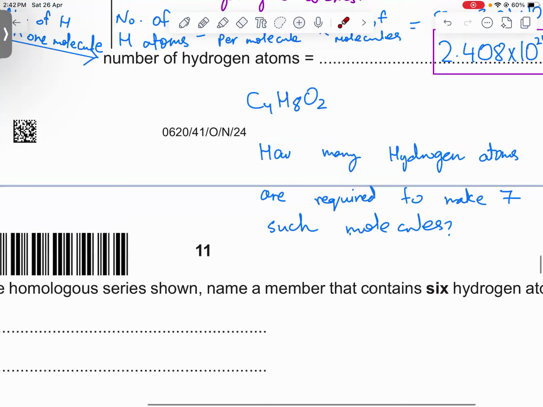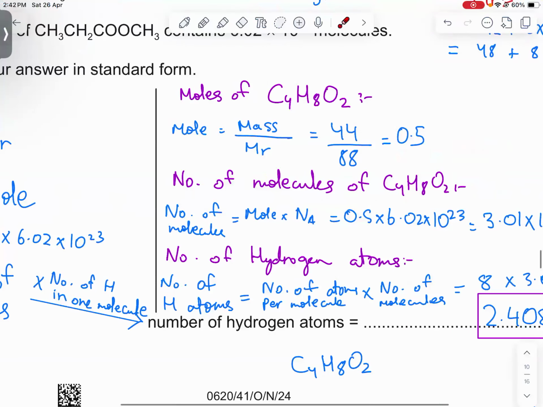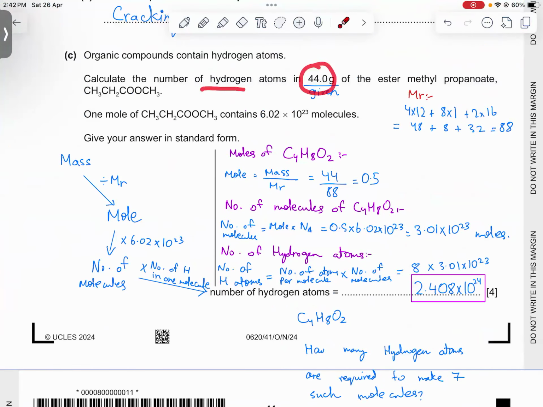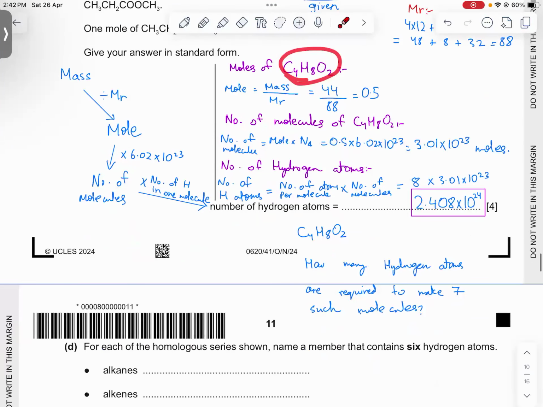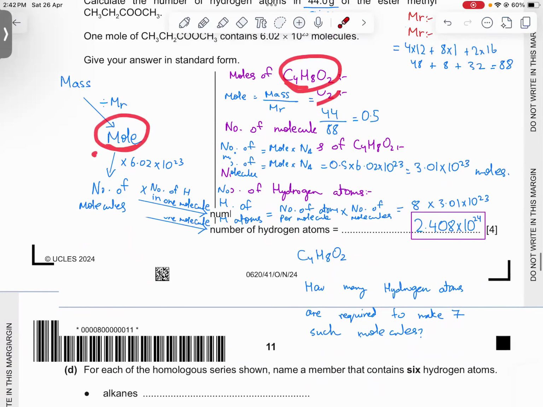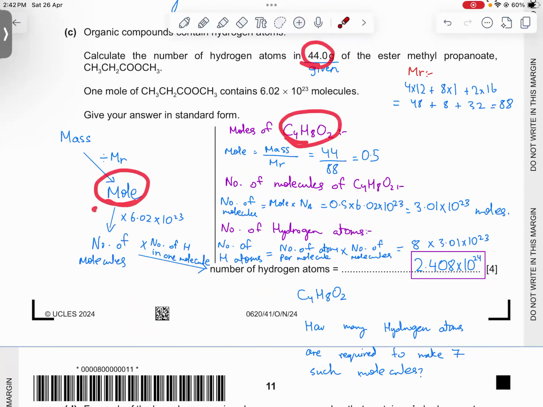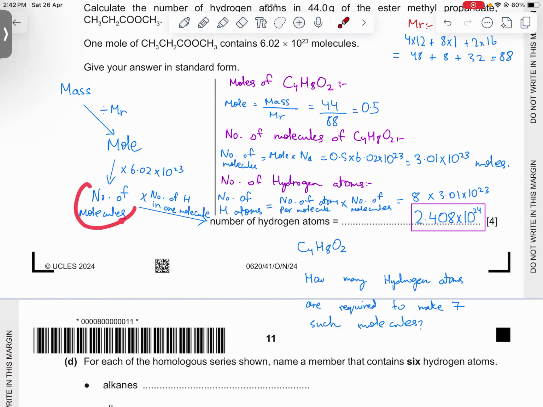Now, similarly, they asked us how many hydrogen atoms are there in 44 grams of ester, C4H8O2. So for that, we found out how many moles that is, and then we found out how many molecules of C4H8O2 are there. We found that 3.01 into 10 to the power 23 molecules are there.